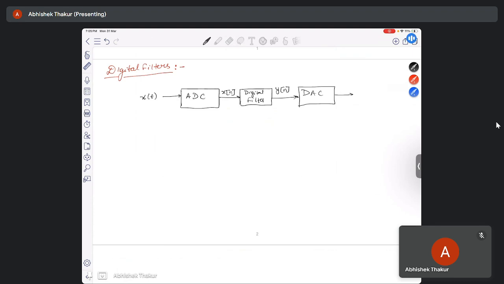Again, we get y(t) after passing through the reconstruction filter. So this is a system for filtering a continuous time signal built around a digital filter.